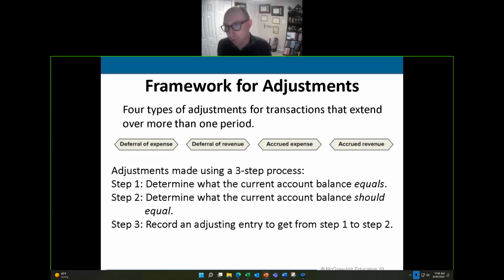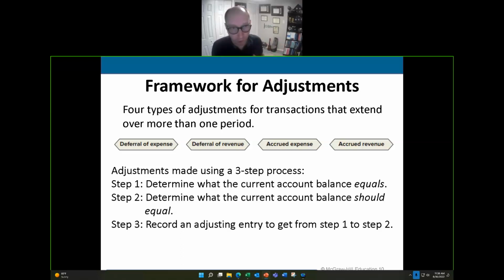We also can defer. Deferral means we put it off. Yeah, we wait. We can defer revenue and expenses. We can also accrue revenue and expenses only in the accrual-based system.